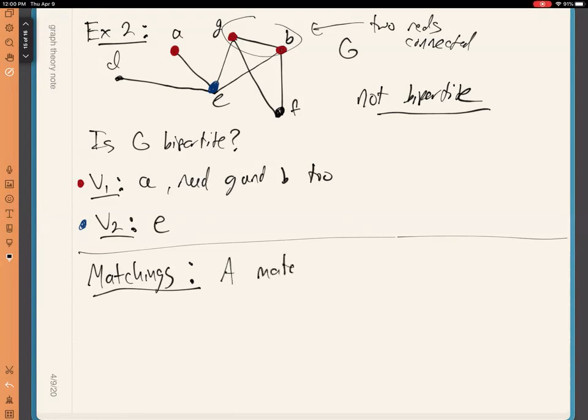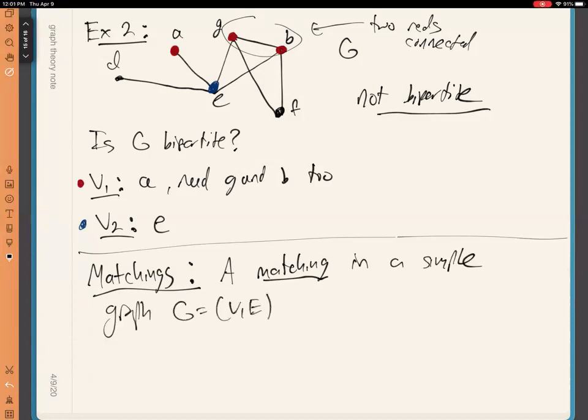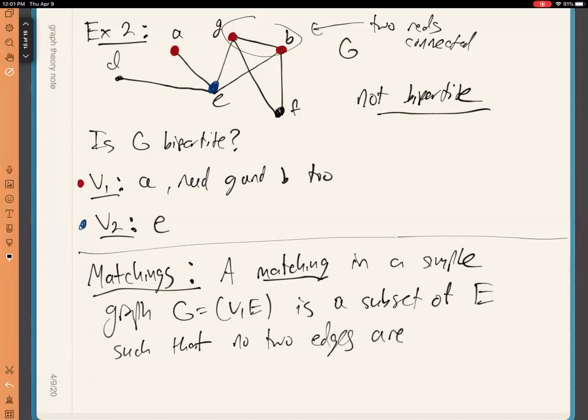Let's say we have a simple graph G, which I'll again label with V and E. And so a matching is a subset of the collection of edges, such that no two edges are incident with the same vertex.